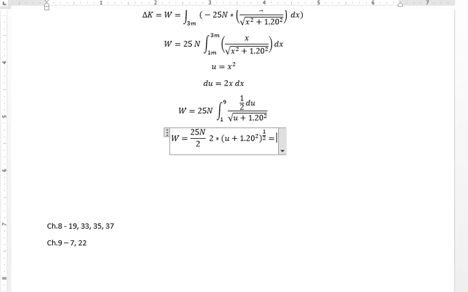And so now we have 25 newtons, and we need to evaluate the limits.